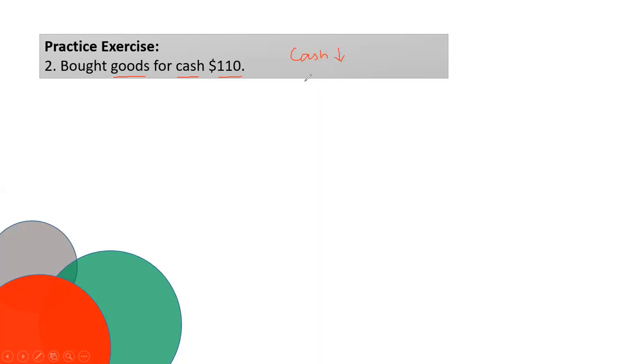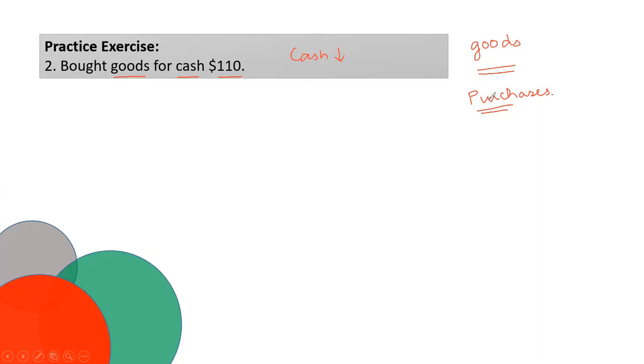Because we are buying goods. And remember, whenever goods are coming in the business for resale purpose, we will write purchases. It is an expense for the business. So we are buying actually inventory for resale purpose, so we will write purchases.